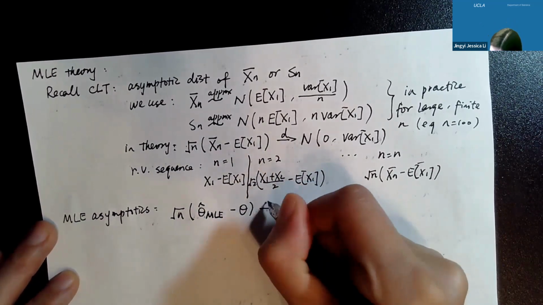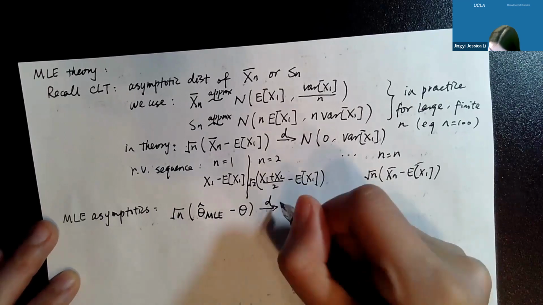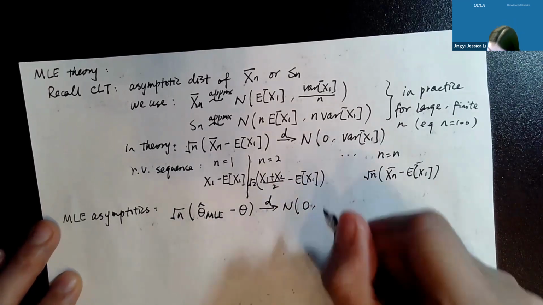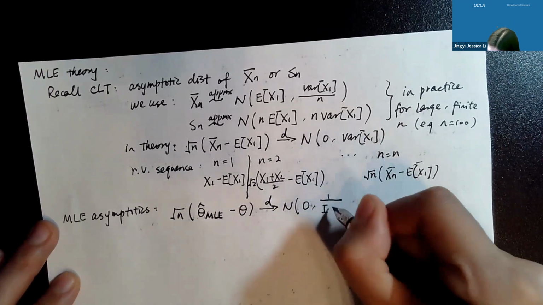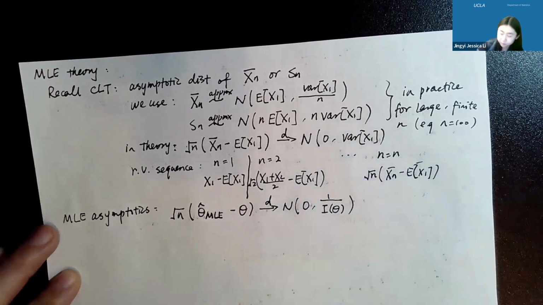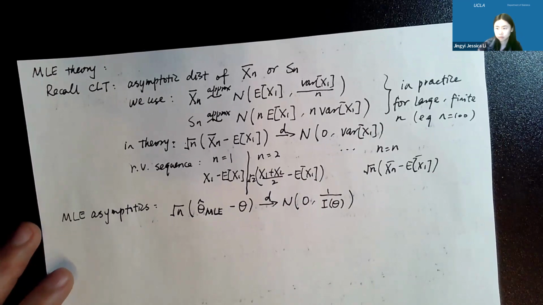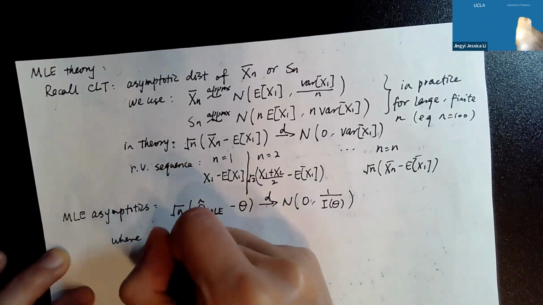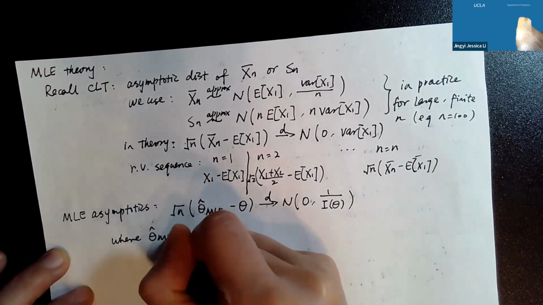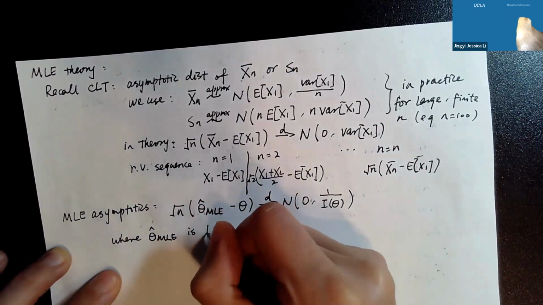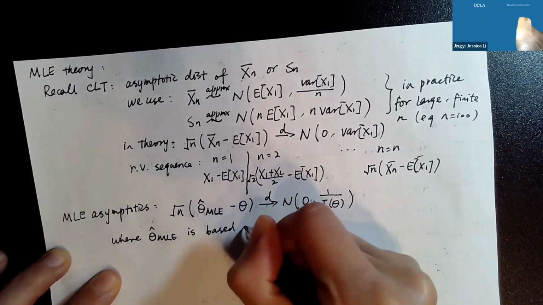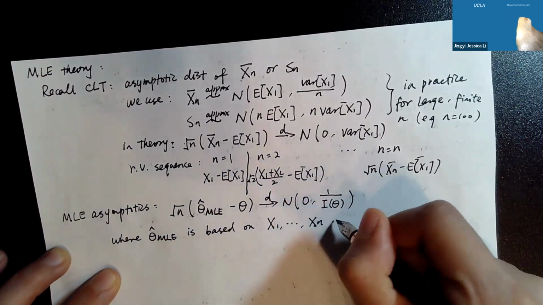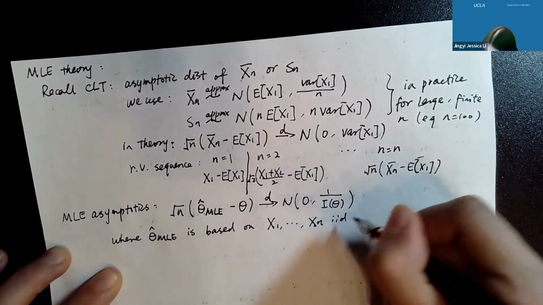This will converge in distribution to normal distribution with mean 0. The variance is 1 over the Fisher information of theta. Okay, so here the MLE estimator is based on a random sample X1 to Xn, IID.